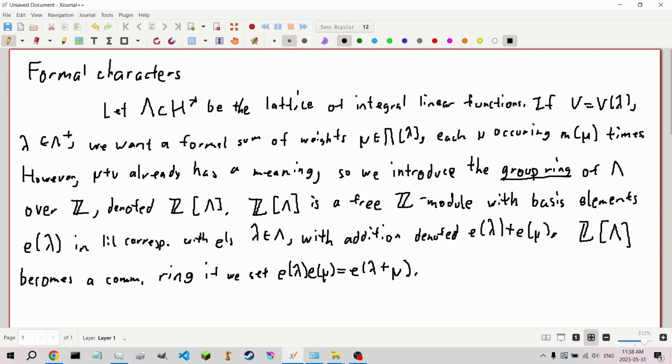This gives us our identity of 0. And of course we're going to extend by linearity.